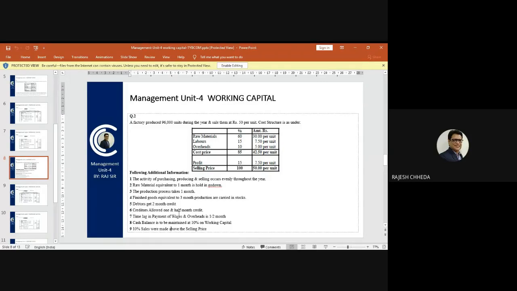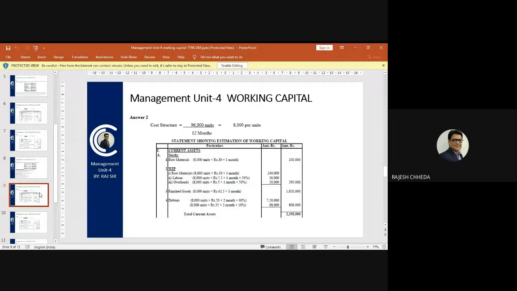Okay. So based on this understanding, let's go through the answer and reconcile whatever we have learned. In working capital, your first calculation is crucial. You need to be very, very clear whether the information is given in weeks or months. So here the entire question is in months.